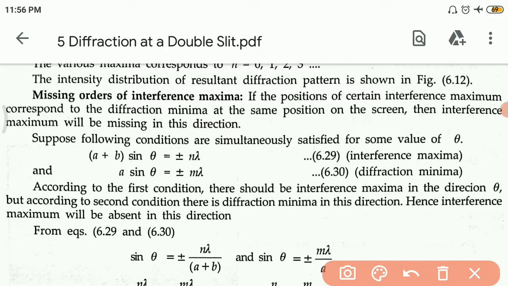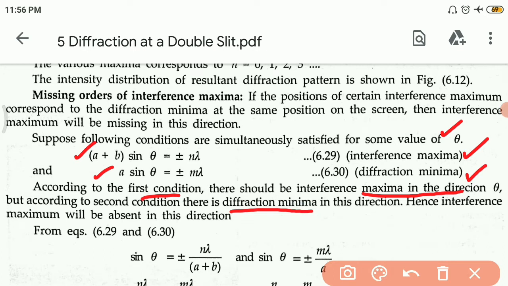Suppose we take an example. Following conditions are simultaneously satisfied for some value of theta. Here (a plus b) sin theta equal to plus or minus n lambda is the condition for interference maxima. Similarly, a sin theta equal to plus or minus m lambda is the condition for diffraction minima. So according to the first condition there should be interference maxima in the direction theta, but as per the second condition there is diffraction minima in this direction.